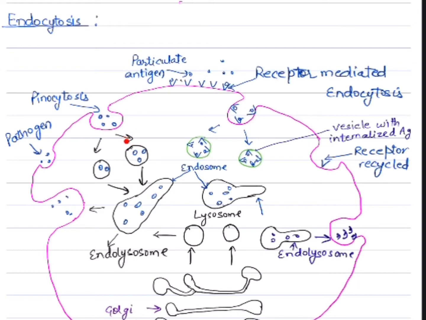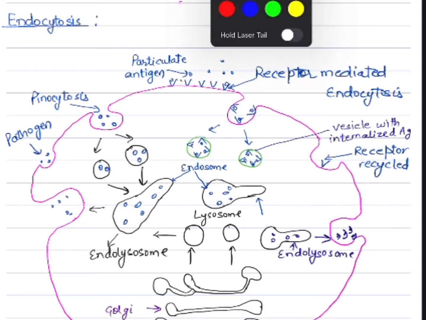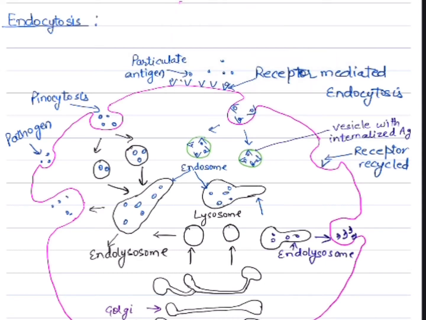Whenever a pathogen comes in contact with the plasma membrane, it is internalized inside the vesicle, whereas in case of receptor mediated endocytosis, the pathogen has specific receptors present on the cell surface, and later on it is internalized similarly. It buds off inside, and then it comes in contact with the lysosome.